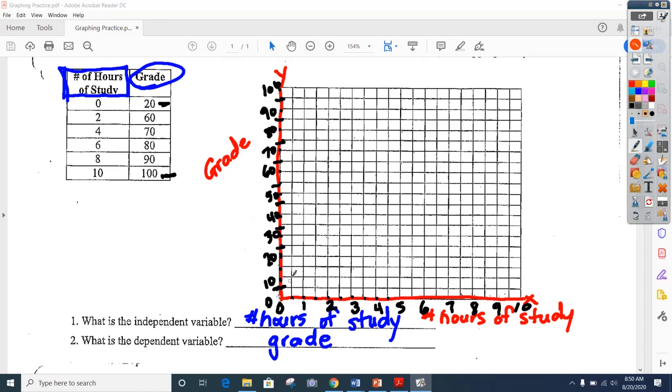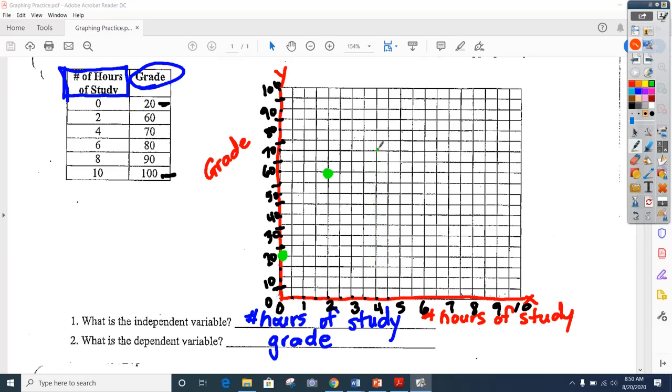So at 0 hours of study, I'm going to do this in green just so you can see. At 0 hours of study, the student's grade was a 20. So I'm going to put a dot right there. 2 hours of study, the student's grade was a 60. 4 hours of study. So I'm going over here.